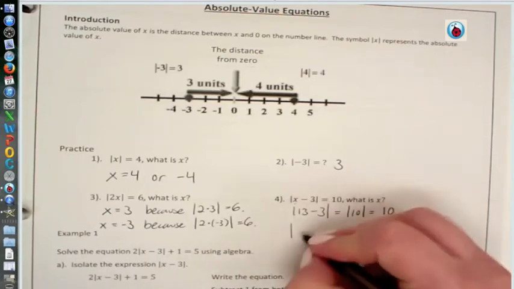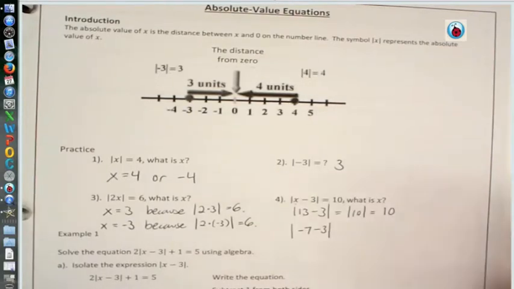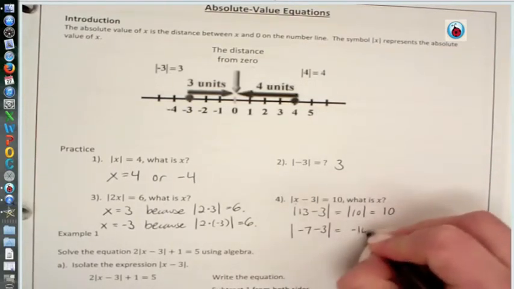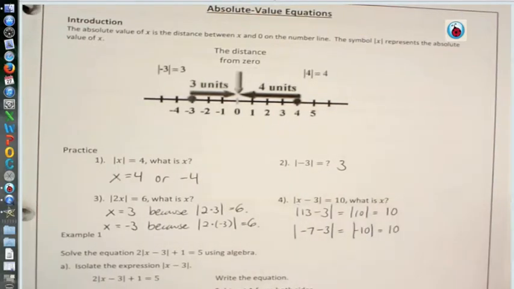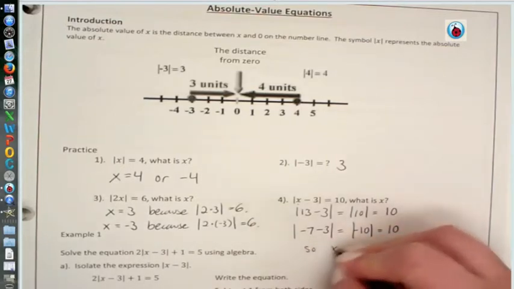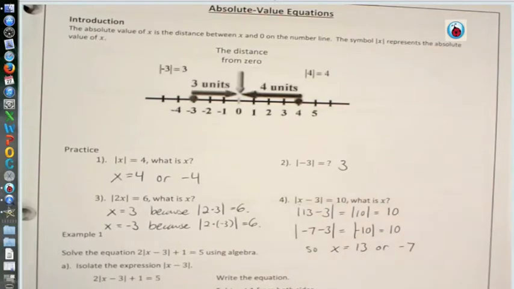It would be negative 7. Negative 7 minus 3 is negative 10, but if I take the absolute value of negative 10, that is also positive 10. So I have two different answers. So x could be 13 or negative 7.